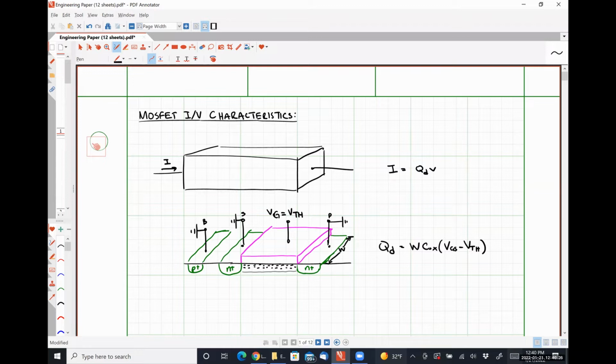Right? So to be clear here, this dimension is the length of the channel.